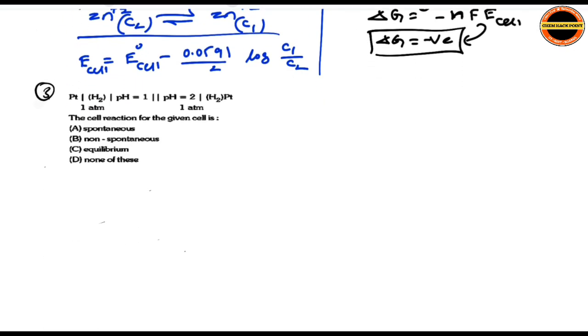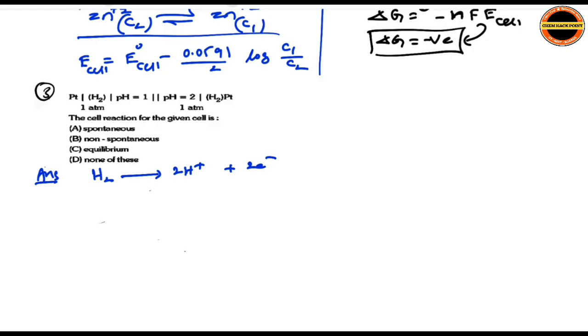Next question. The cell reaction for the given cell is spontaneous or non-spontaneous, different reactions are given. So how do we need to proceed? See, first I am writing here H2 giving 2H+ plus 2 electrons.